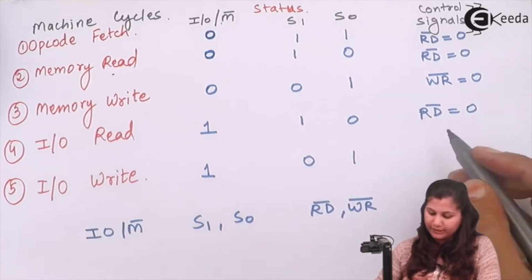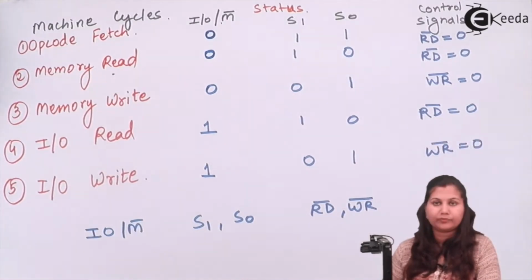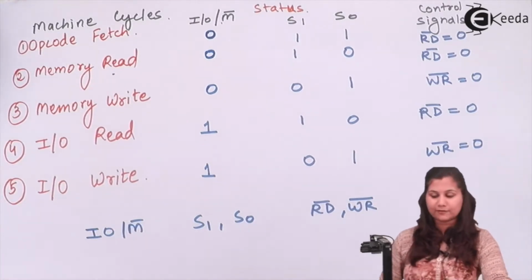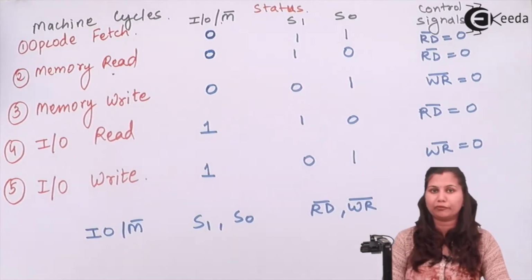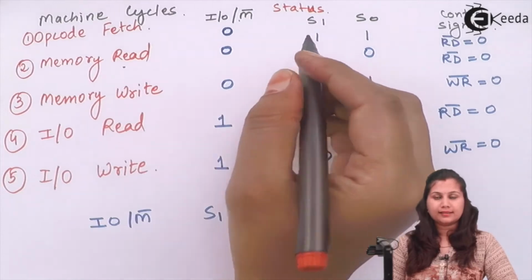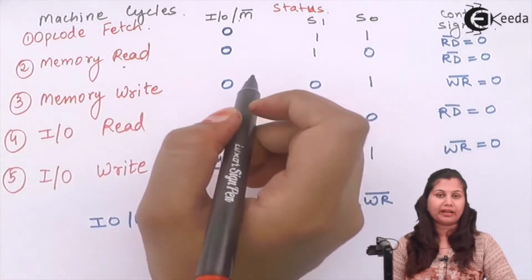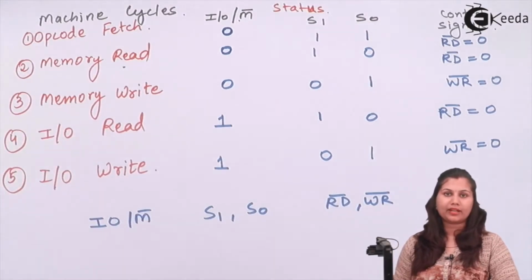And for this write operation, WR bar is active. So these are the values of the various signals which define which type of operation the processor has to perform. So these status signals, IO/M and S1, S0, define which machine cycle is being performed right now by the microprocessor.